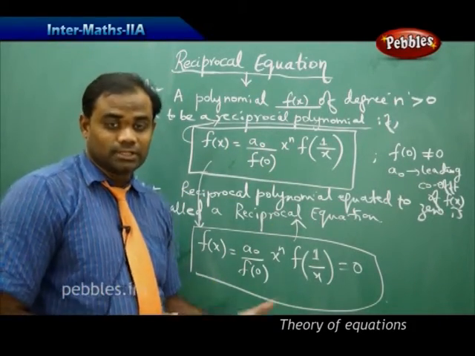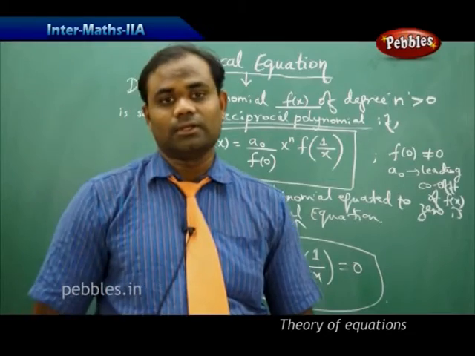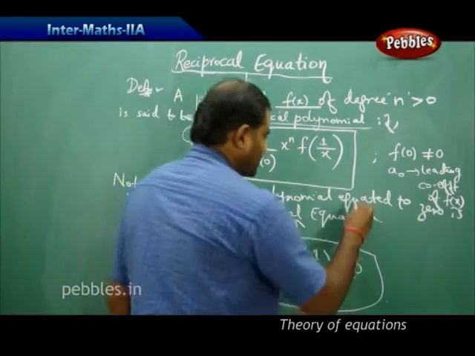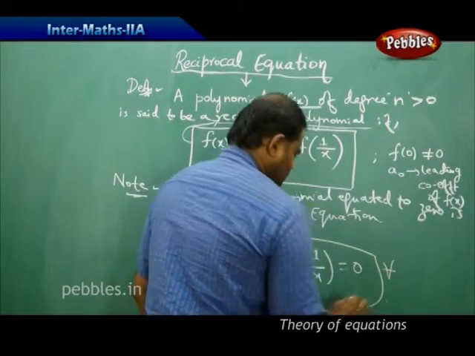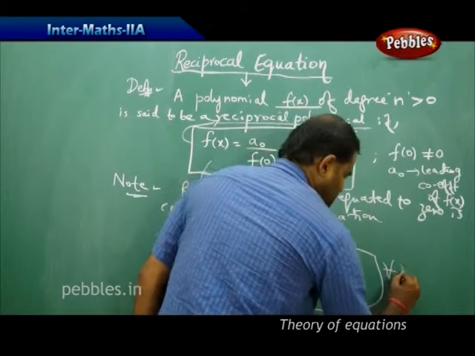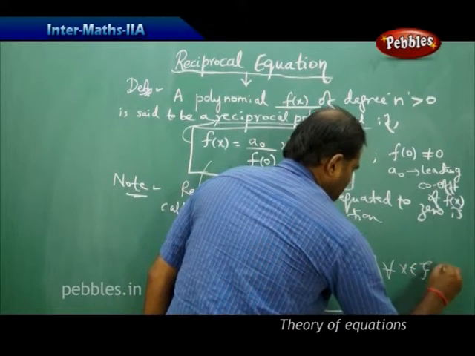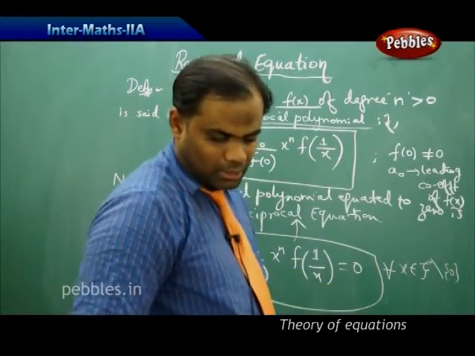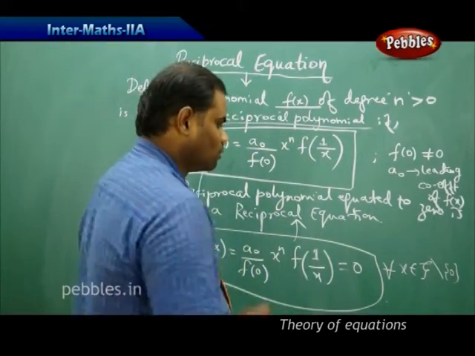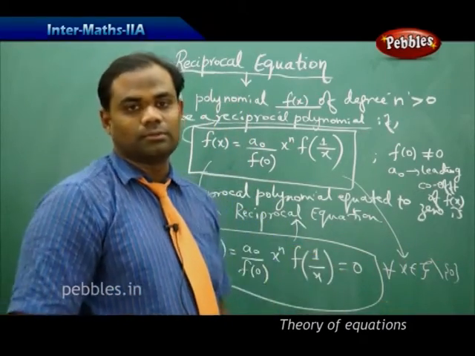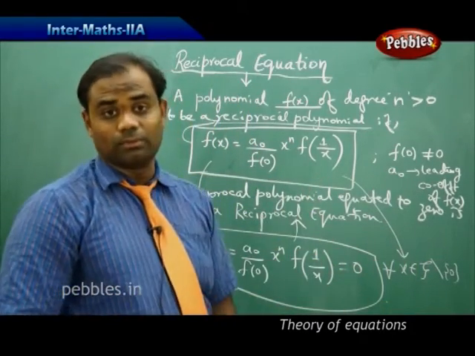So this is the definition of reciprocal equation. Here the condition is that this must be equal to this, equal to 0, for all x belonging to the complex numbers minus 0, that is, the complex numbers excluding 0. This applies even for the reciprocal polynomial.